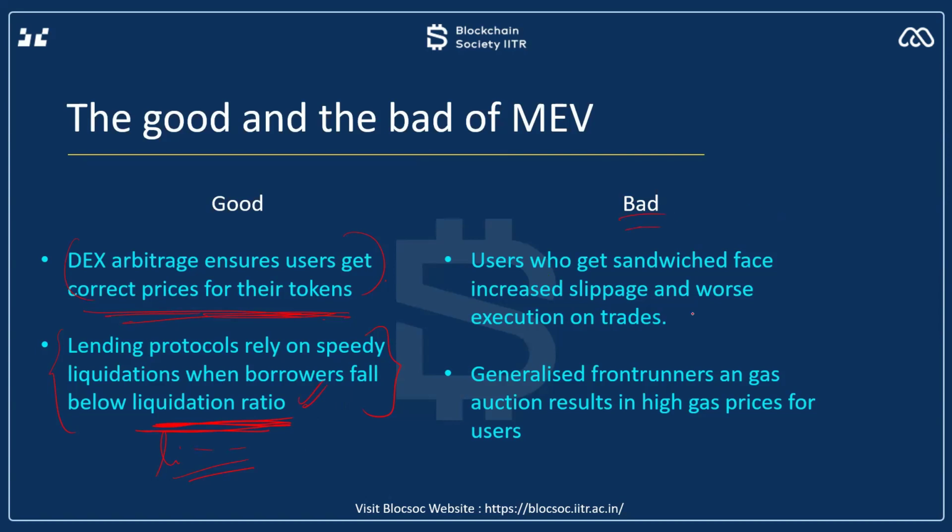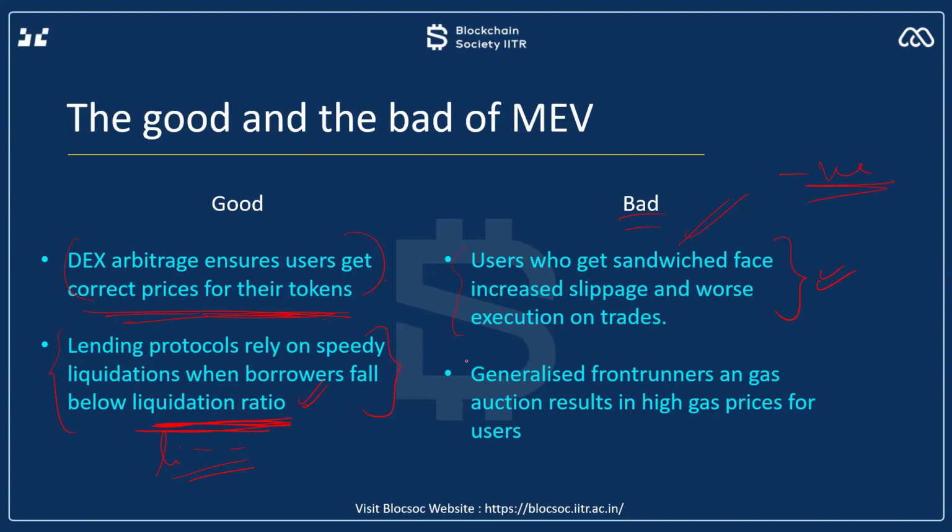The bad of MEV is these sandwich attacks. At the time of sandwiching, even if other users are getting a fair price, the person who got sandwiched will get increased slippage, and you will be in a net negative position with this trade. And this is kind of bad.